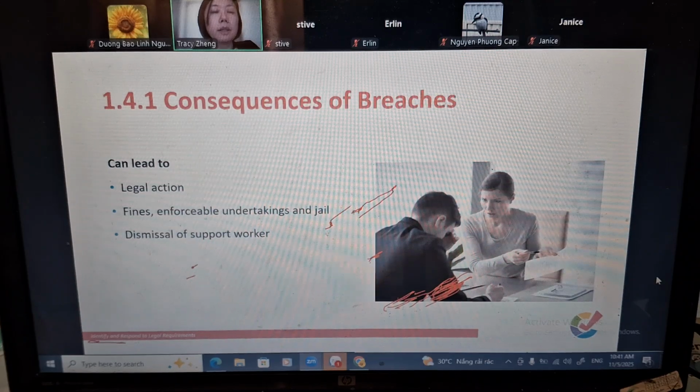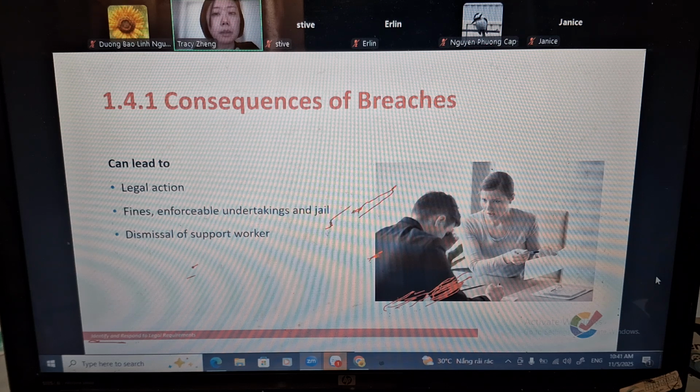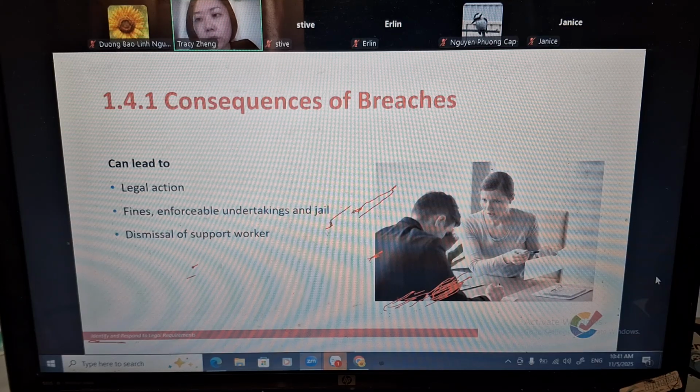And the following slide shows what would be the consequences of those breaches. As we mentioned, it could be quite complicated, but most relevant, it could lead to legal actions, right? So we really don't want any of you to get involved in any legal issues. Sometimes if your organization or any staff from that organization are not following the legislation, they will receive some fines, right?